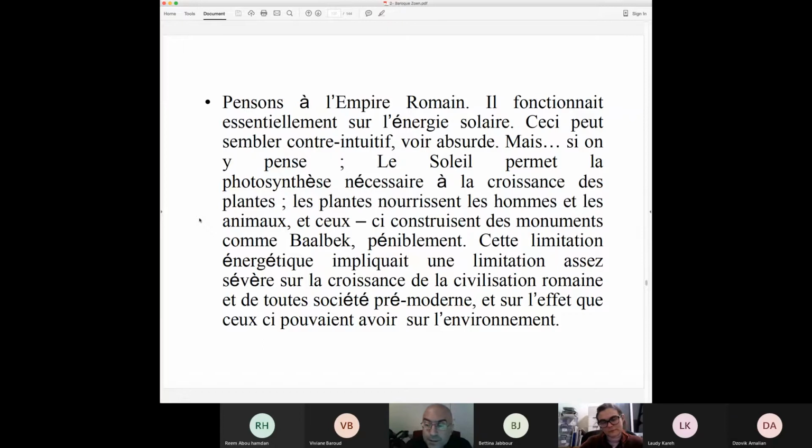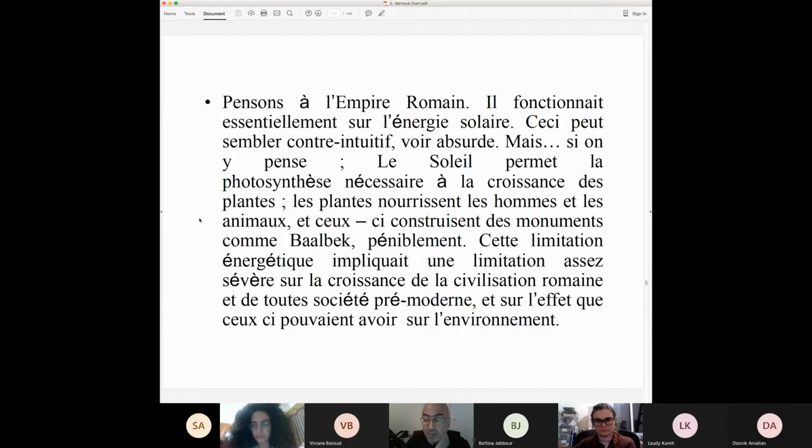Well, what it means is that men and animals, among the things that they can do, because they have access to some excess energy, is use some of this excess energy that they get from agriculture to construct certain monuments.